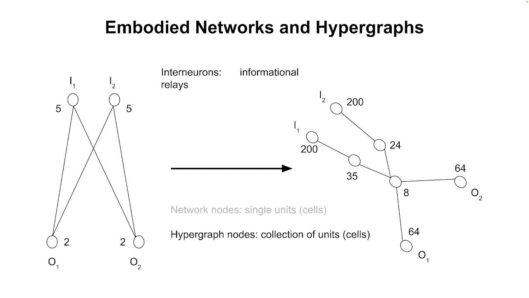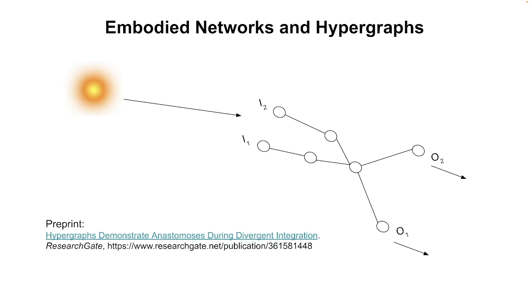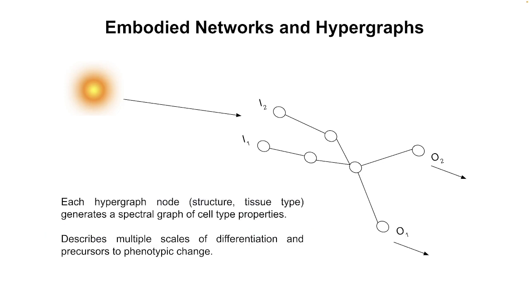So we can do some really interesting things with that. And so we can orient these networks towards behavioral or sensory inputs and behavioral outputs. We've talked more about this in this preprint listed here.